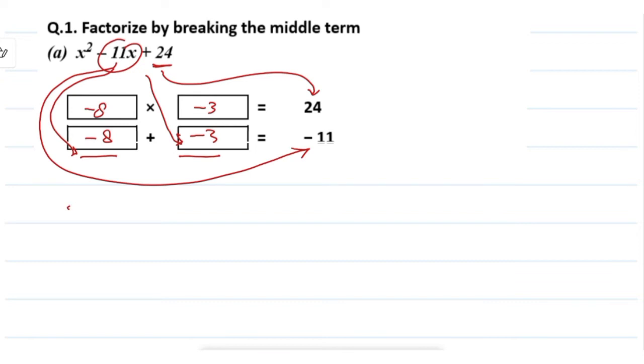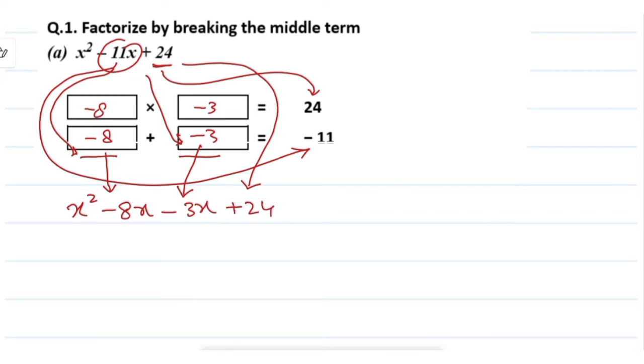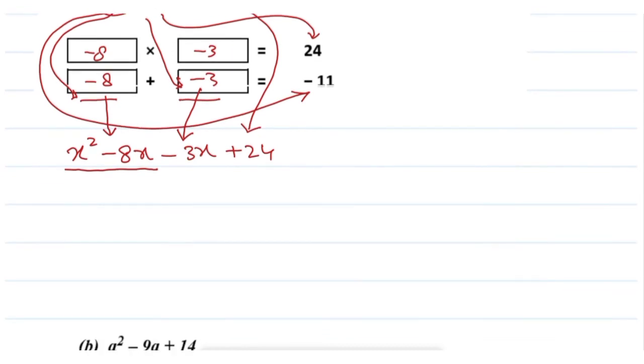So the first term remains the same, and then we'll write negative 8x and then negative 3x, and then the last term remains the same, which is plus 24. Now in the first two terms, we look for what is common.